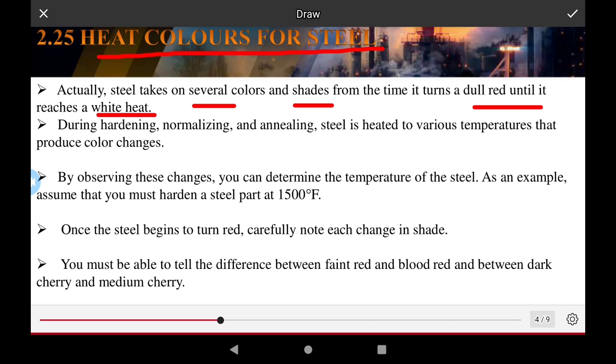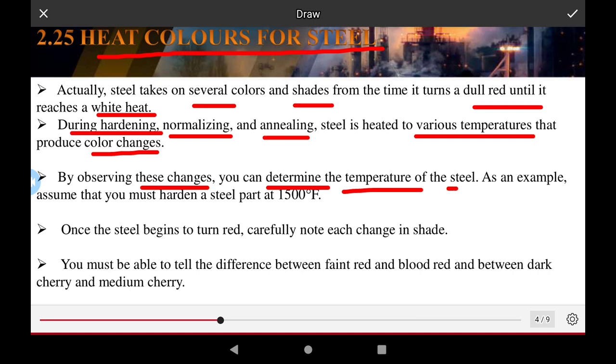During hardening, normalizing, and annealing, steel is heated to various temperatures that produce color changes. By observing these changes, you can determine the temperature of the steel.